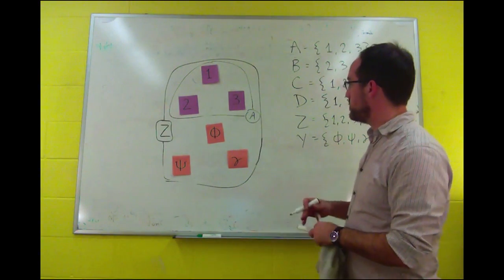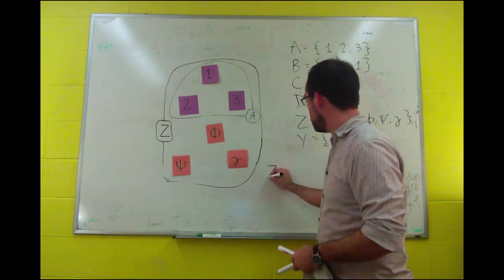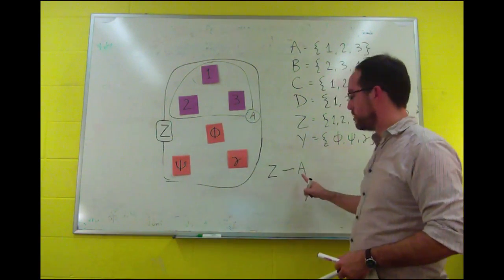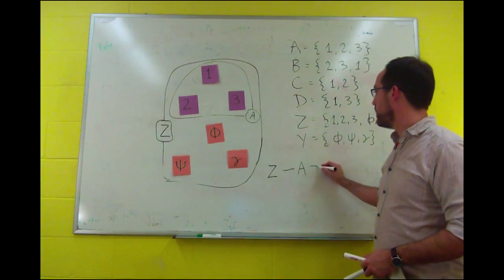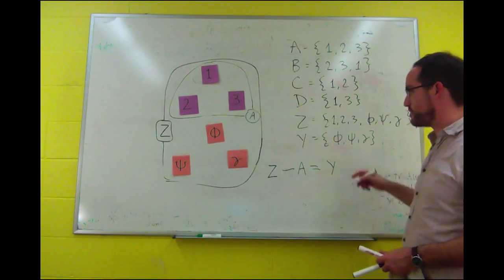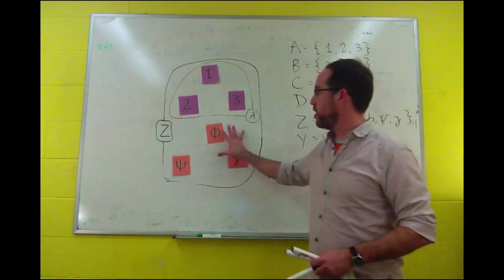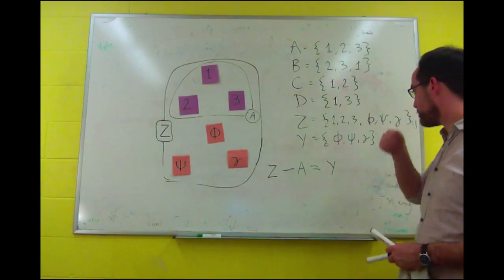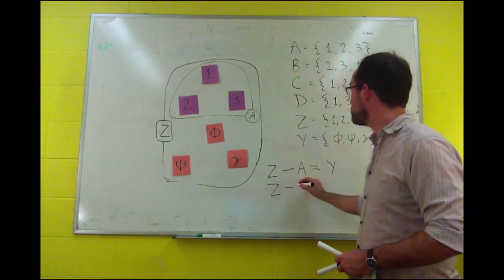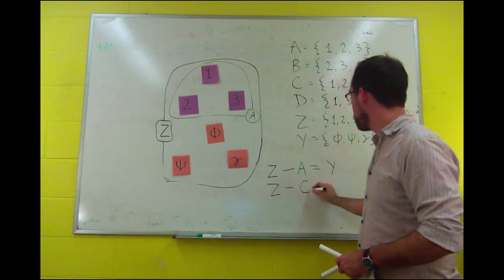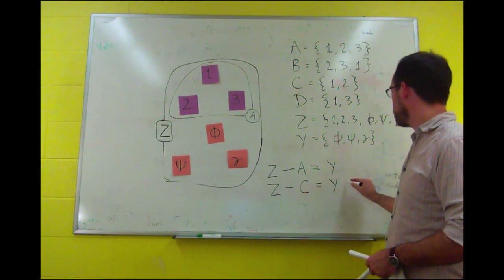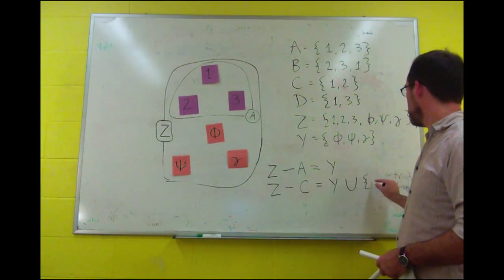And there are different ways to write it. A simple way to write it is the minus sign. So you take the larger set minus the smaller set, and that will equal, in this case, Y, which is this. That is to say, it's going to be all this. If we take Z minus C, then we get the union of Y and the set containing 3.